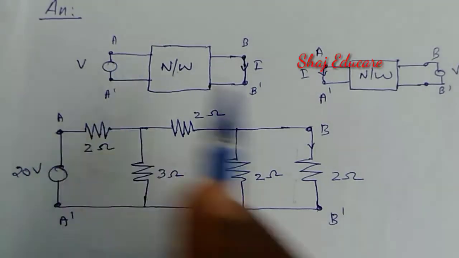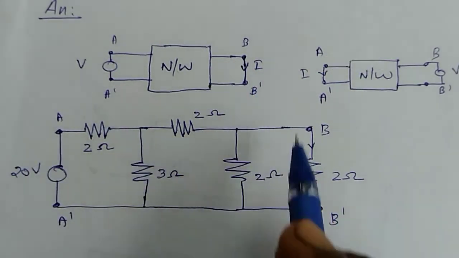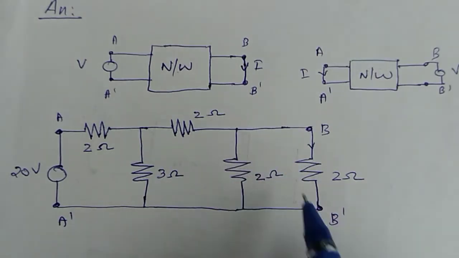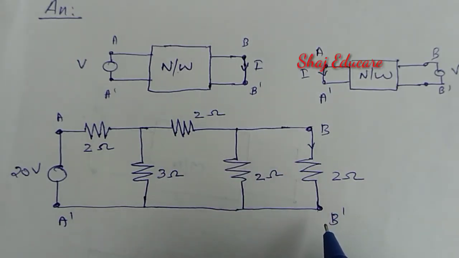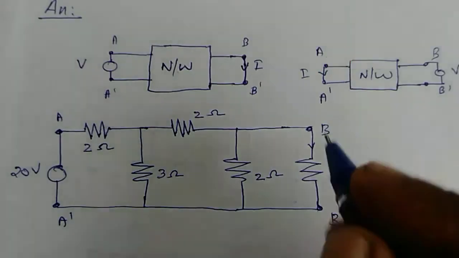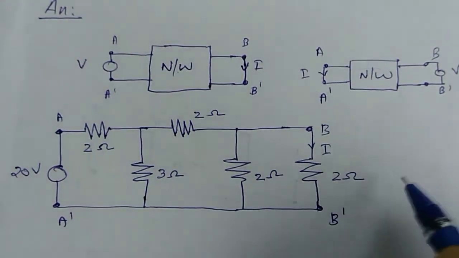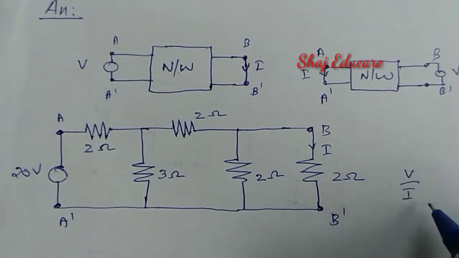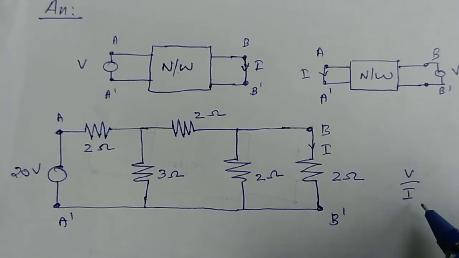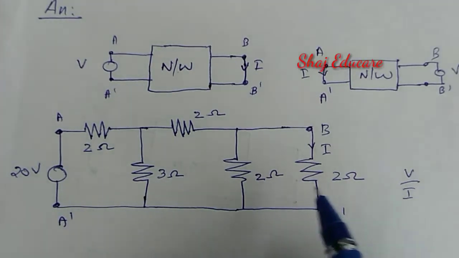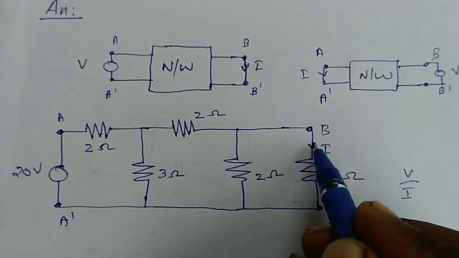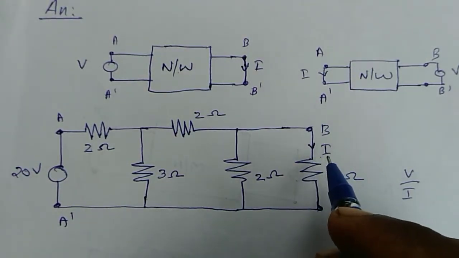So let's find the current in the branch B dash. That is the first step. Let's denote it as I. Then we have to take the ratio between voltage and current, V by I or I by V, whatever it may be, doesn't matter. So let us evaluate this current.